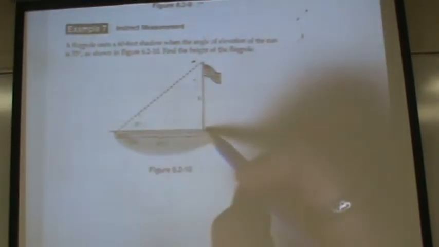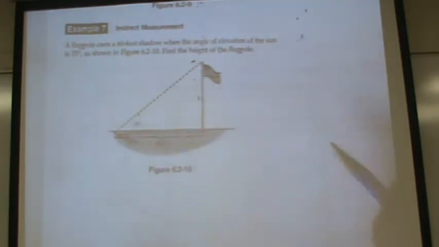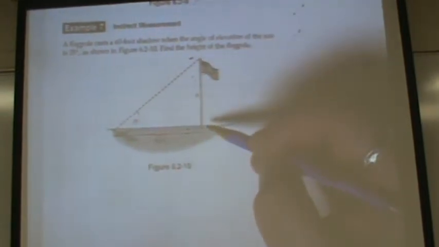In our figure we have our flagpole casting a 60-foot shadow, and an angle of elevation of 35 degrees. The ground is our horizontal in this case, and we're going up 35 degrees. We're asked to find the height of the flagpole, so we're looking for this right here. It's H.